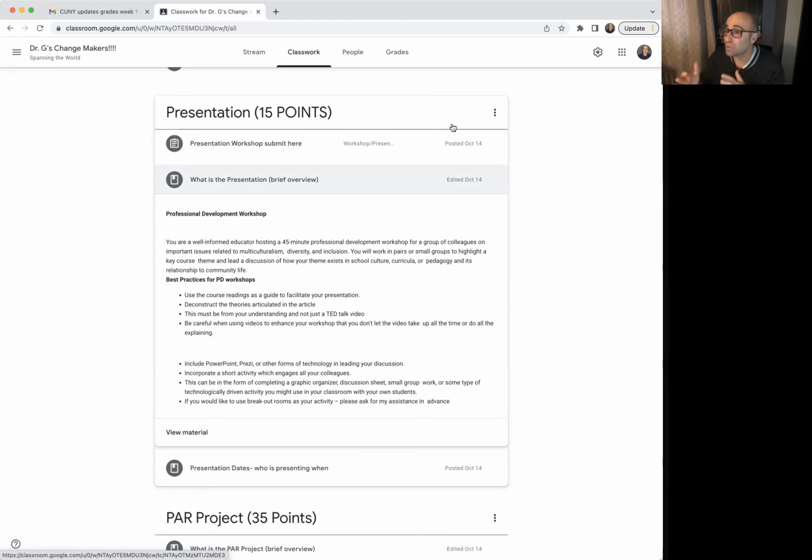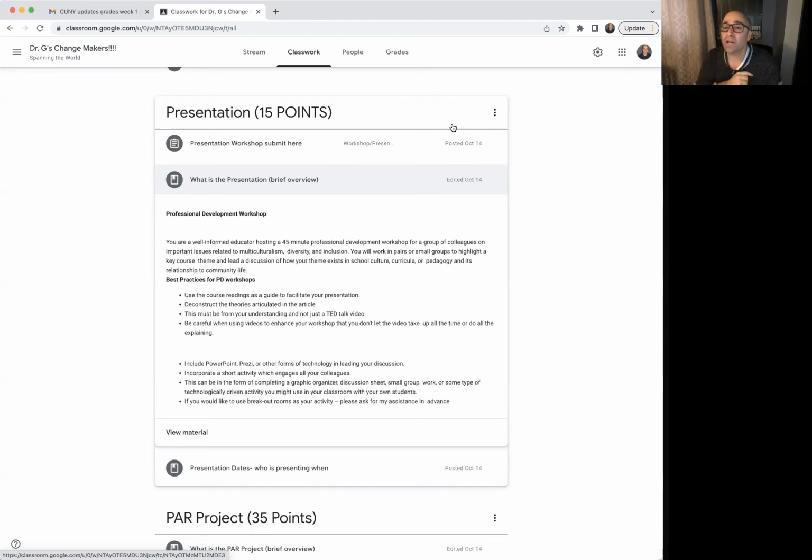However, you can use that time to meet with your partner to go over ideas for how to do your presentation. So again, I will open a large Google Classroom. I will open a large Zoom room for everyone to meet in who desires it, to have an opportunity to meet. However, if you want a smaller breakout room, you have to email me so I can assign those breakout rooms to you so you're able to use those.